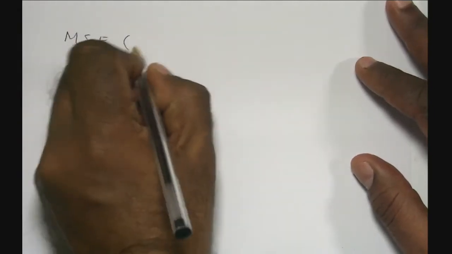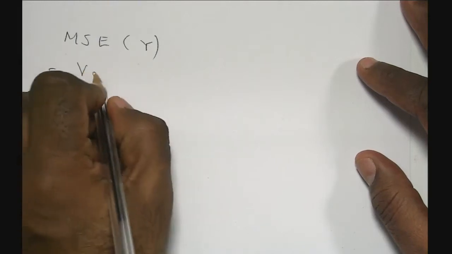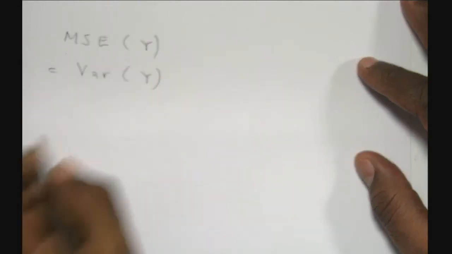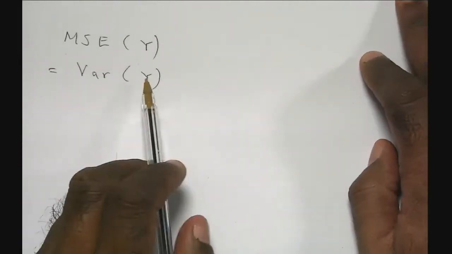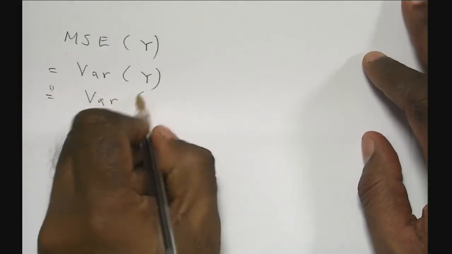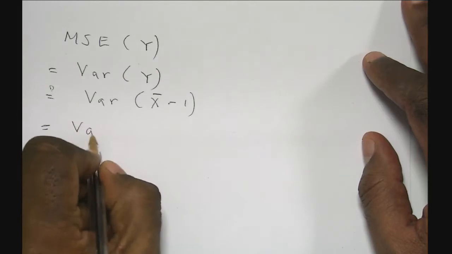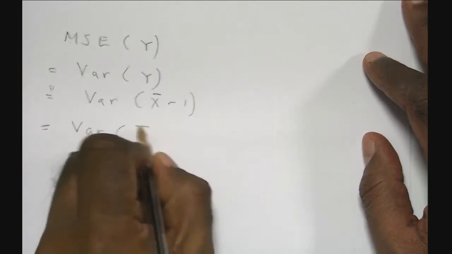So I'm going to find the MSE of the new estimator, which is the variance of the new estimator, because y is unbiased, which is variance of x bar minus 1, which is variance of x bar.